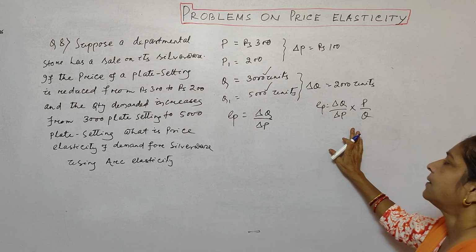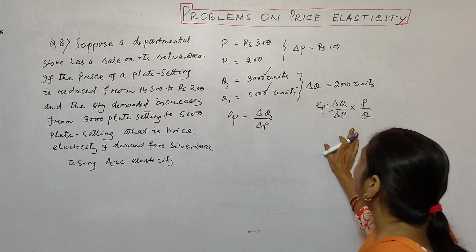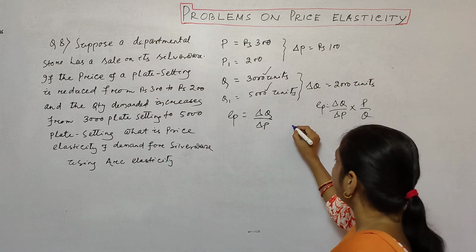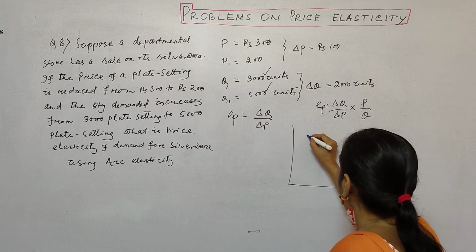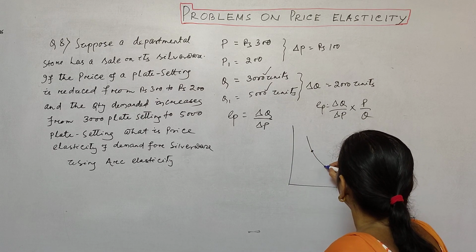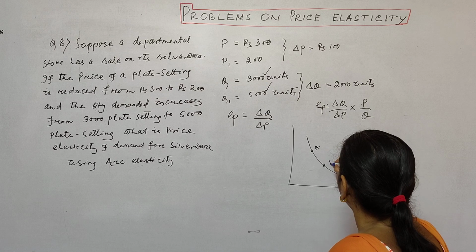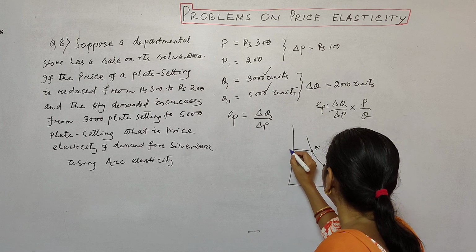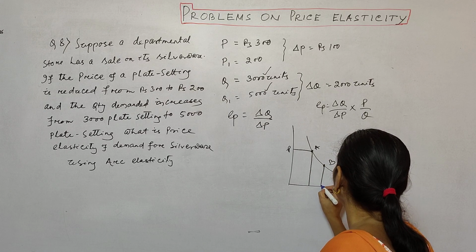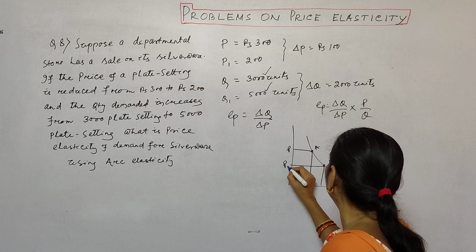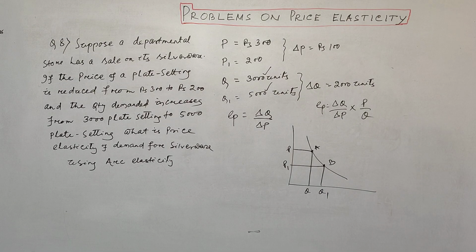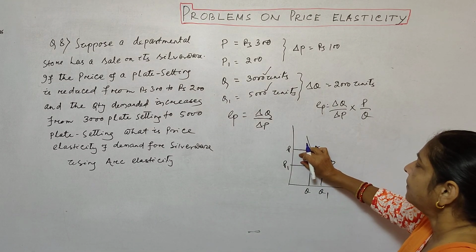So in the arc elasticity case, the change must be the same. That means the change between this point A and this point B, this is price, this is quantity.